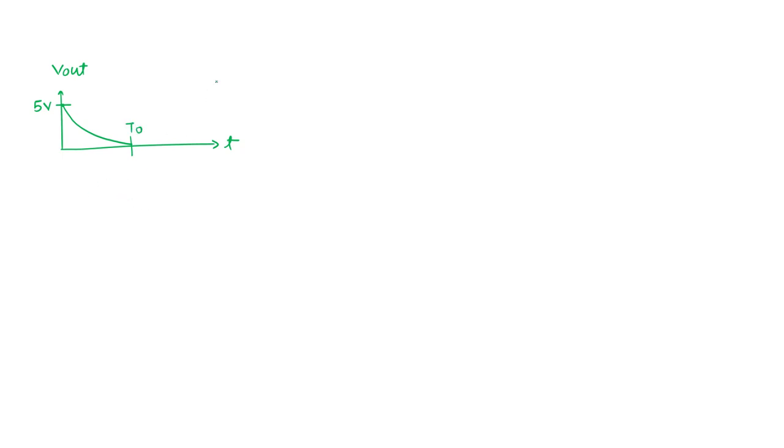At t greater than T naught, the output suddenly goes to minus 5, because my capacitor's one end is shorted. So the entire capacitor voltage comes as the output voltage, but with a negative sign. And slowly, as the capacitor voltage reduces, the output also reduces. Slowly it reaches zero again. So this is the exact nature of the output.